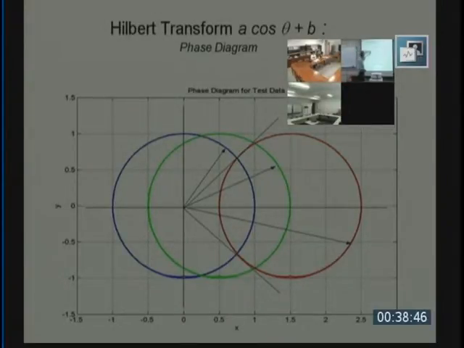To define the phase function on the blue circle is very easy, because you just trace around the blue circle at constant speed. You will have a monotonically increasing phase. But when we do this to the off-centered circle in the green, this circle is eccentric.